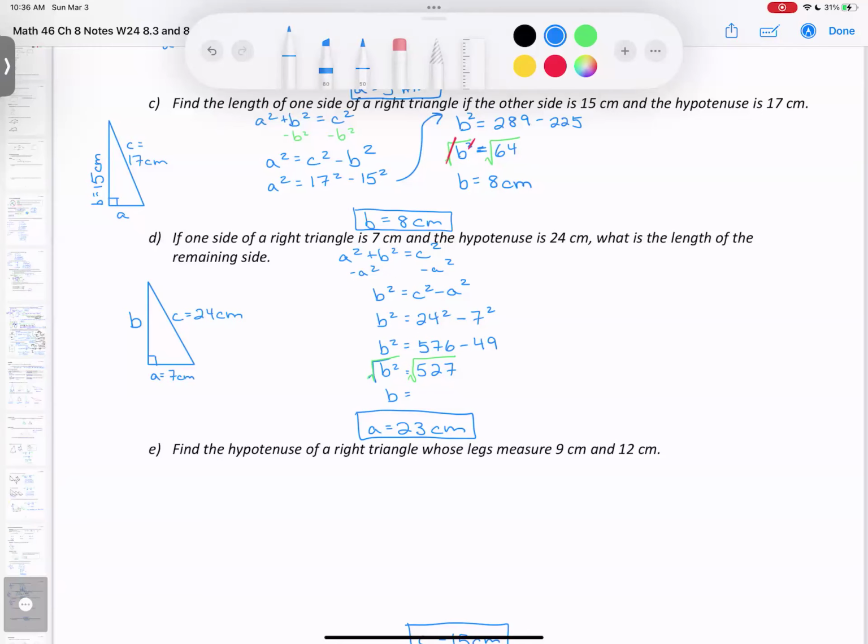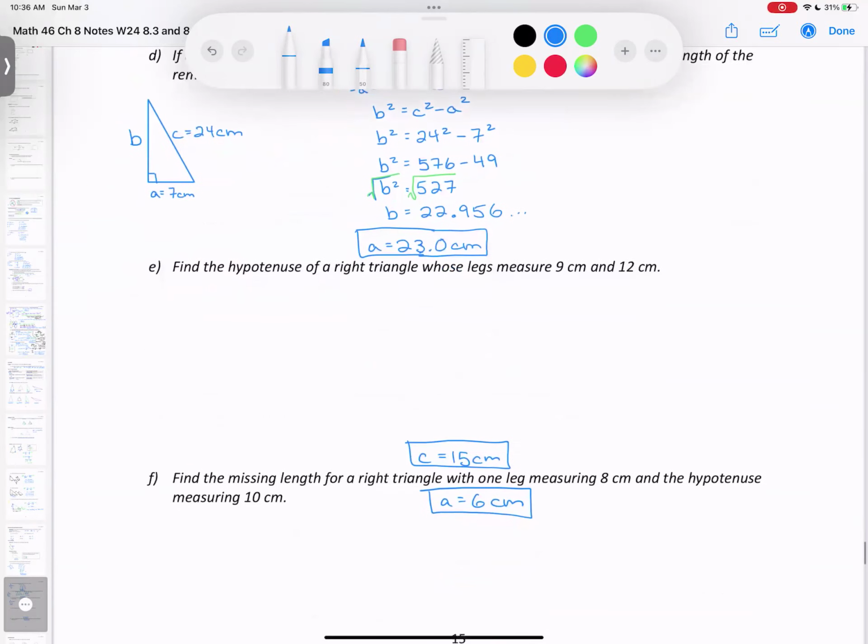Let me just double check I've done that right. 576 minus 49, 527, yep. Okay, so this gives me 22.956 and so on. And so actually, well, so we end up rounding up then to 23. It said to the nearest tenth, so really I should have written 23.0 here. So this is 23.0 centimeters because we were told to round to the nearest tenth.